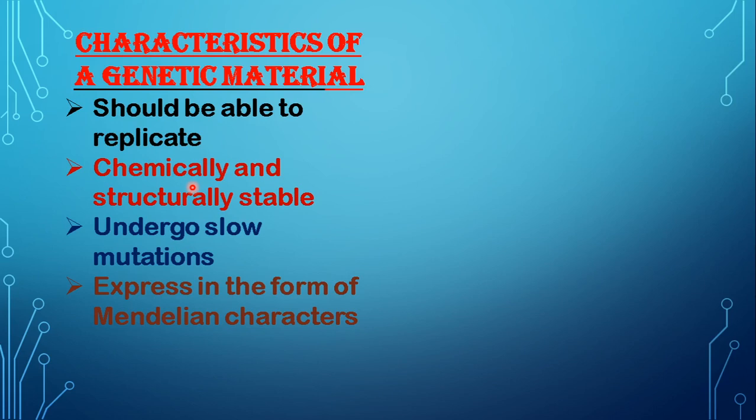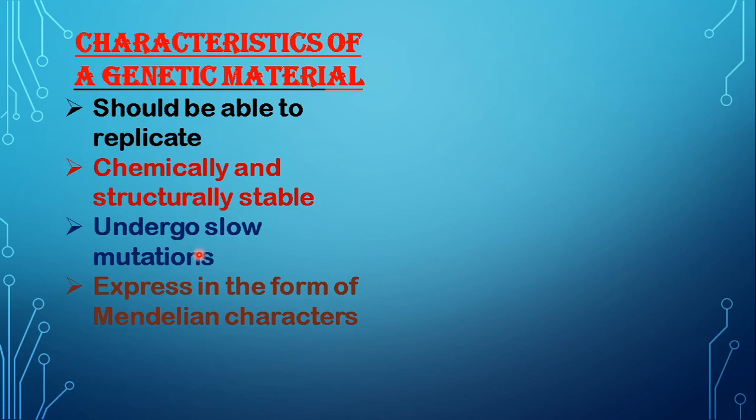It is not bonded to any other compound or molecule. As such, it can easily react with some other component and undergo a change quite rapidly. So in this context, DNA is found to be structurally and chemically more stable than RNA. Then it should be capable of undergoing slow mutations.